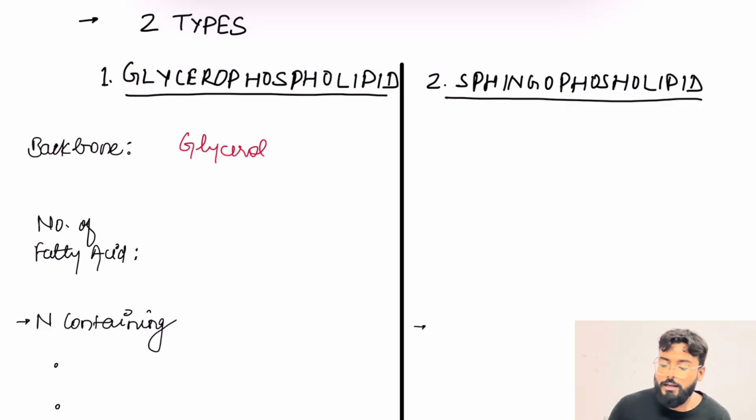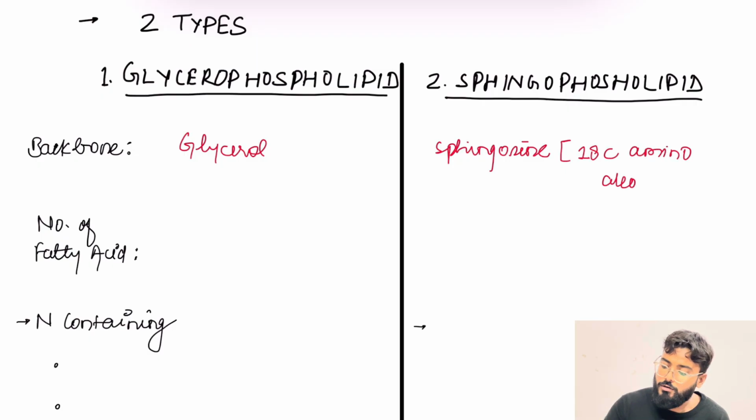But in case of sphingophospholipids, the backbone is formed by sphingosine. Sphingosine is an 18 carbon amino alcohol. So the backbone in glycerophospholipid is glycerol, and in sphingophospholipid is sphingosine.